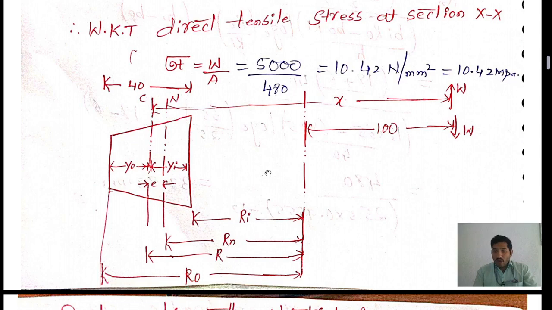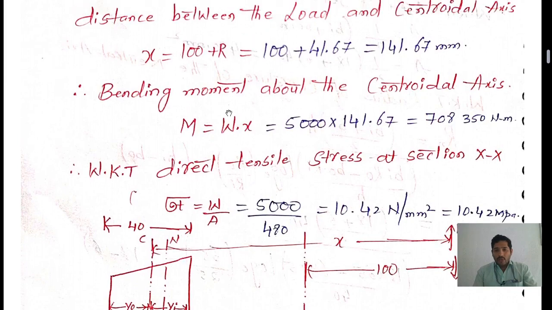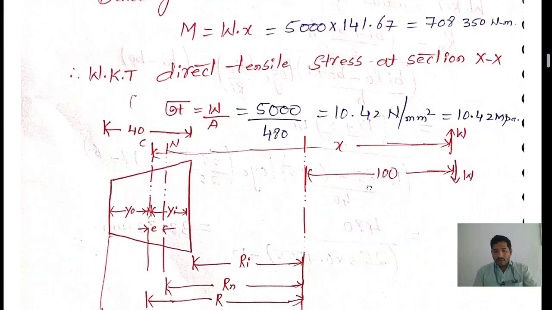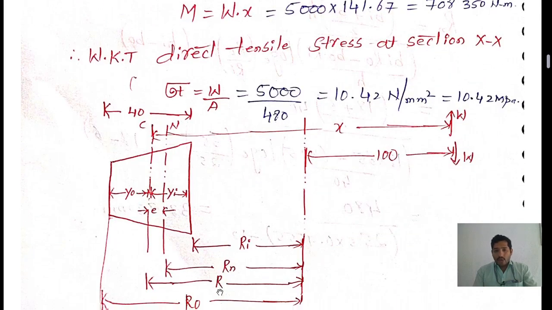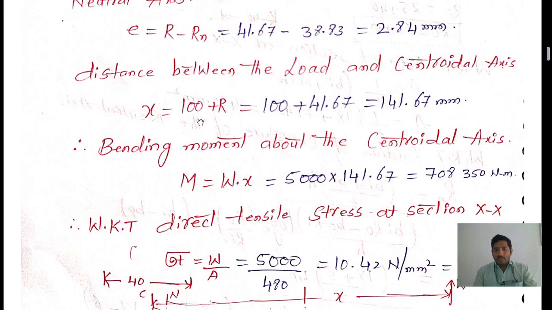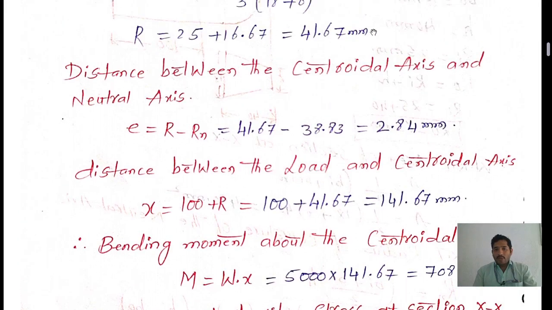So x is 100 plus the radius of the centroidal axis. The radius of the centroidal axis, we just got, is 41.67. If you add this value, you will get 141.67 mm.